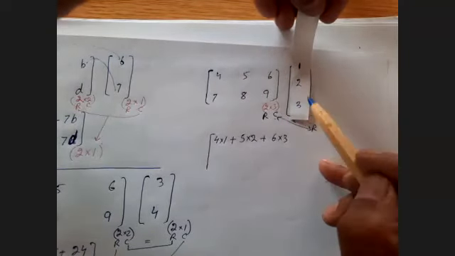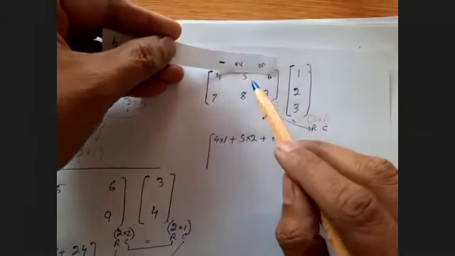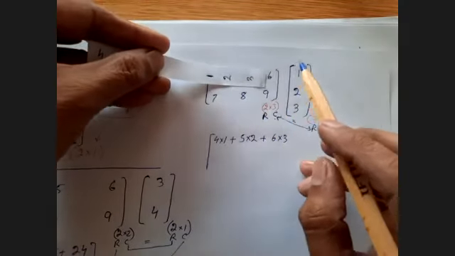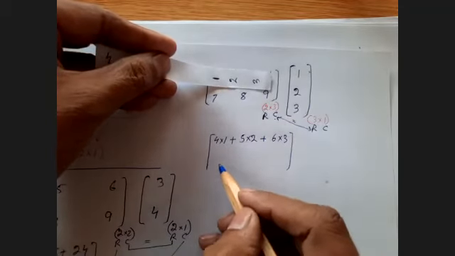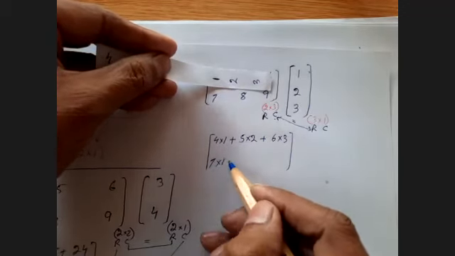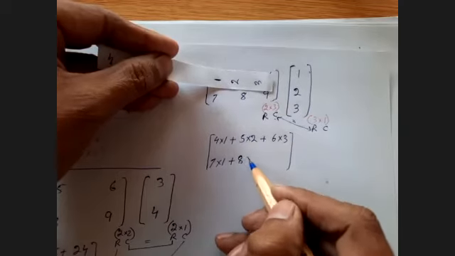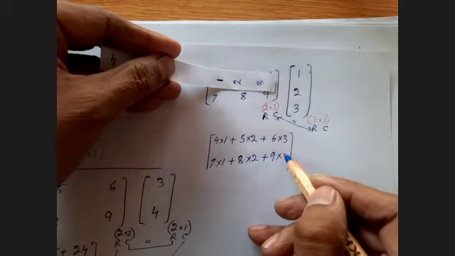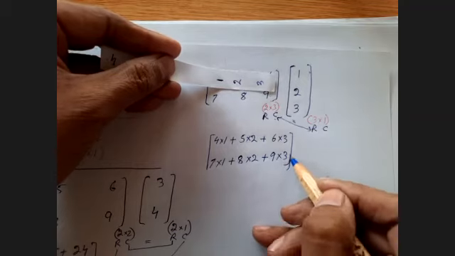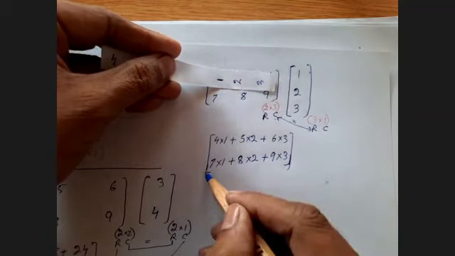There were 3 rows here. Here there are 3 columns. That is why the rows must be equal to columns. Now you can see that 7 into 1 plus 8 into 2 plus 9 into 3. Now closing the bracket like this.